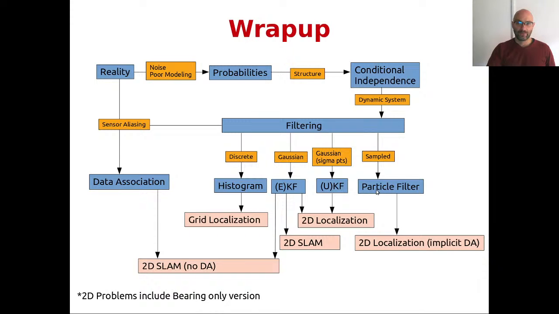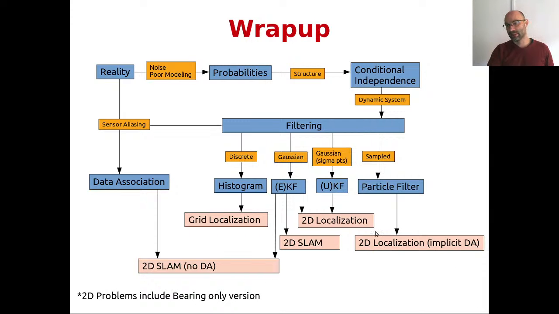And with the particle filter, we were once again approaching the classical problems, in this case a 2D localization. Funnily, given that the state space is rather small, the data association wasn't a big issue for the 2D localization with the particle filter, because we could do a per particle data association, and therefore we didn't have to cope much with this uncertainty.